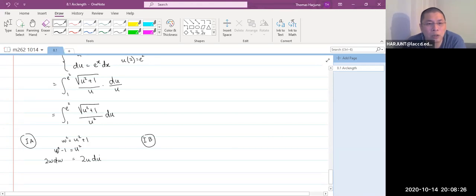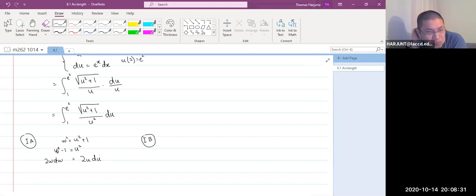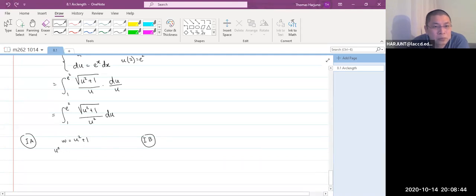I wonder how much that will help. I guess not. No, just leave it like that. Give me a second. Just leave it as w equals u squared plus 1. So u squared equals w minus 1. Therefore, dw equals 2u du.